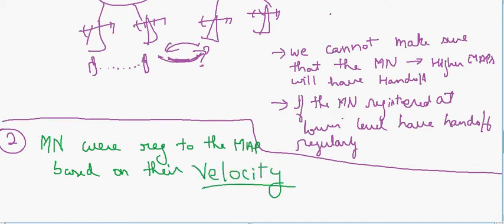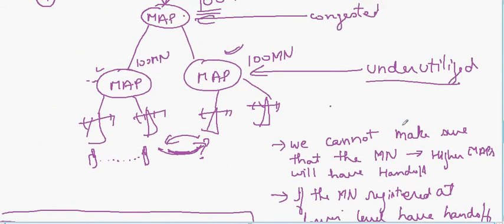So the idea was simple. If the mobile node had a very high speed, that is, if it travels at high speed, somehow the speed is calculated, then register them to the higher level of the MAP, and if they have lower speed, then register them to the lower level of the MAP.